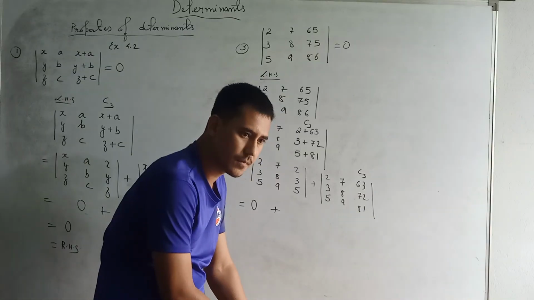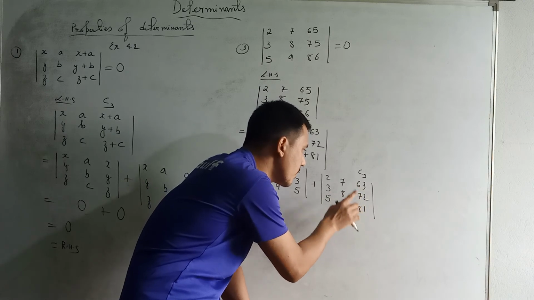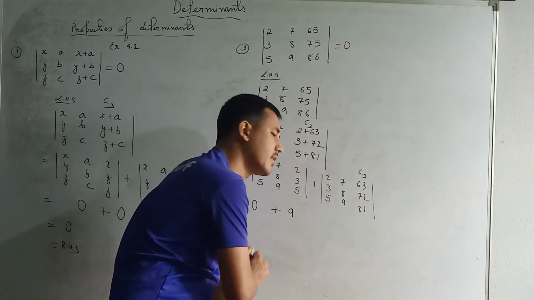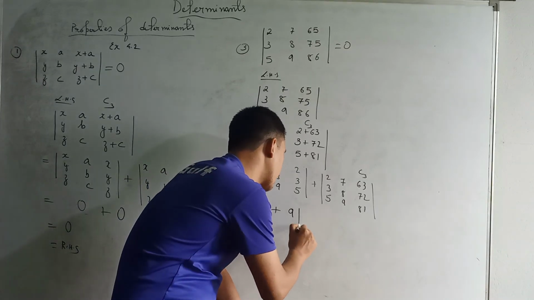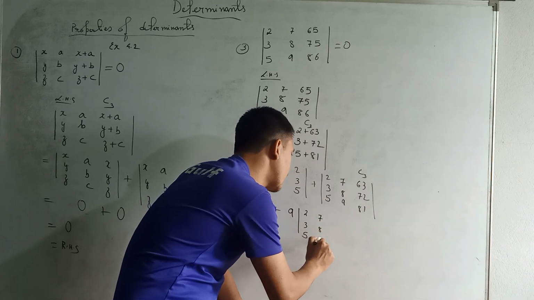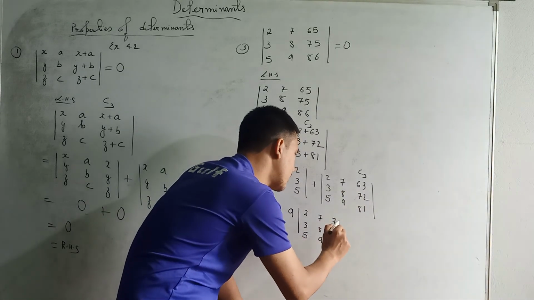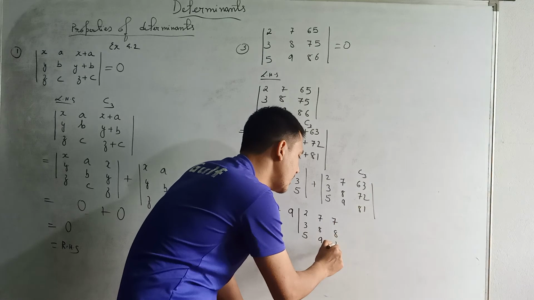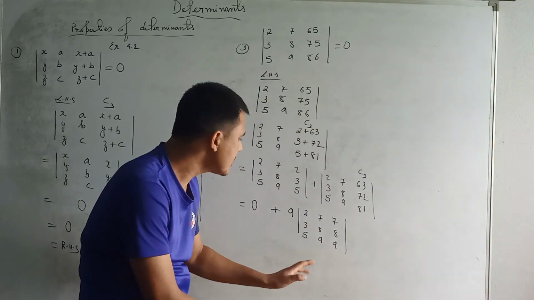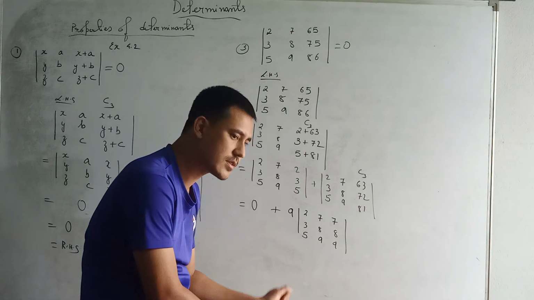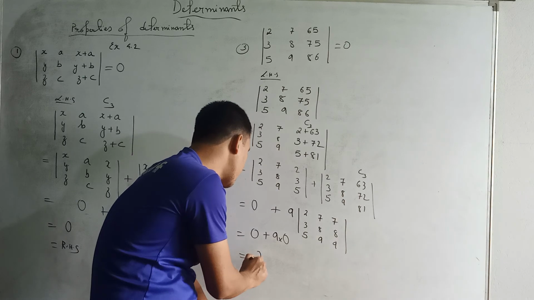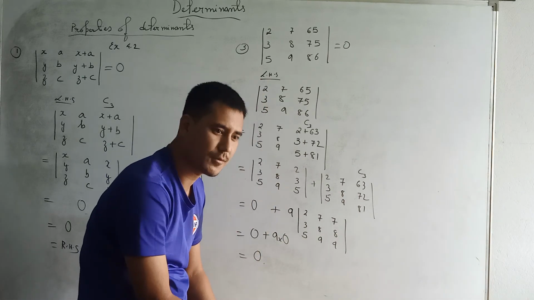In the third column, all the elements are multiples of 9, so I can take 9 common. 9 times 7 is 63, 9 times 8 is 72, 9 times 9 is 81. In this case, two columns are identical, C2 and C3. So 0 plus 9 times 0, so your given determinant is 0. Are you following that?